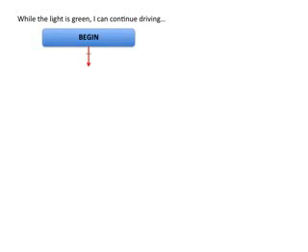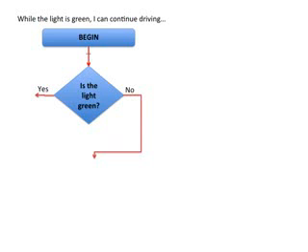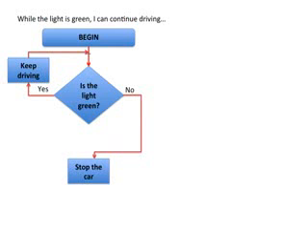We now need to check if the light is green. Because we are asking a question, we need to use a question diamond. If the light is green, we keep driving and check the light again in a little bit of time. So we'll add a process. If the light is not green, we should stop. We can now end the algorithm.